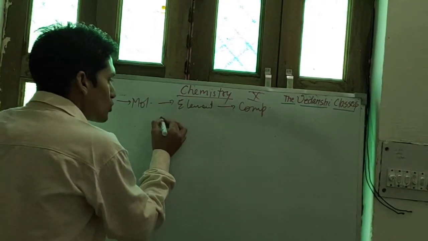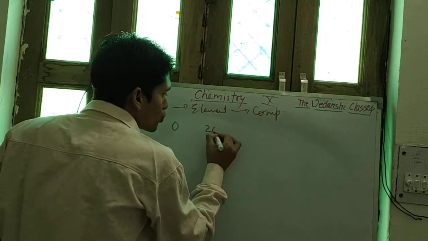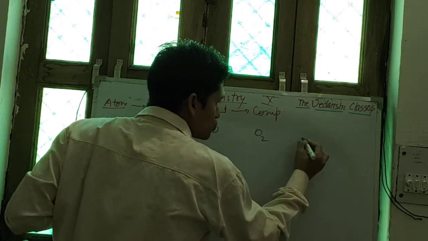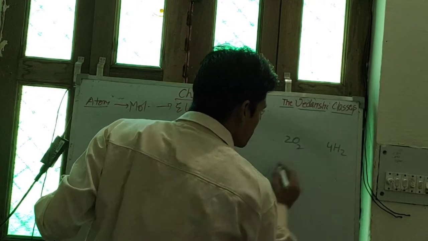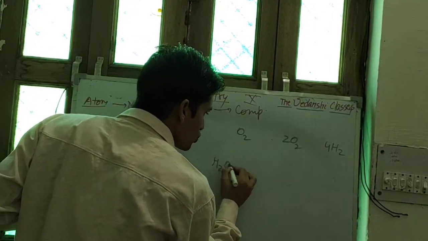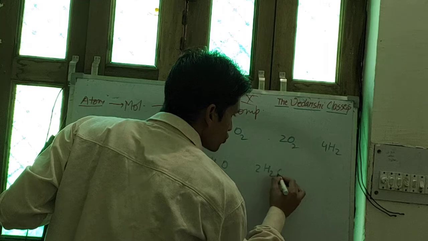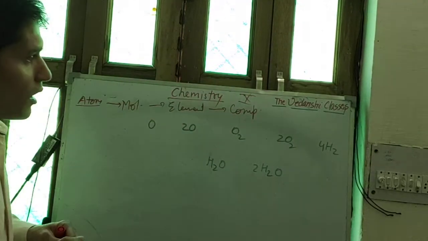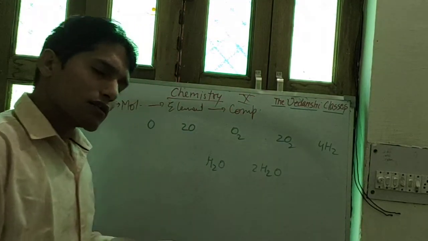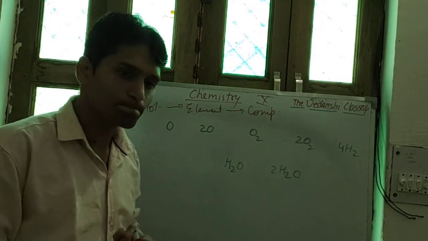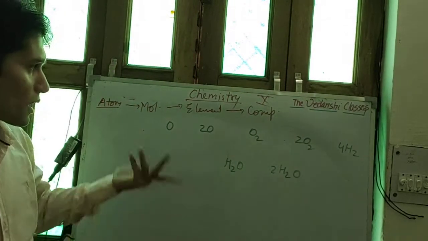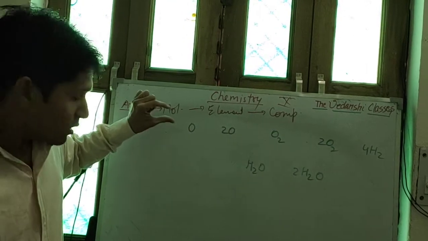If I write O, 2O, O2, 2O2, 4H2, H2O, 2H2O. Can you tell what are the differences among these species? If you don't know, let's see.